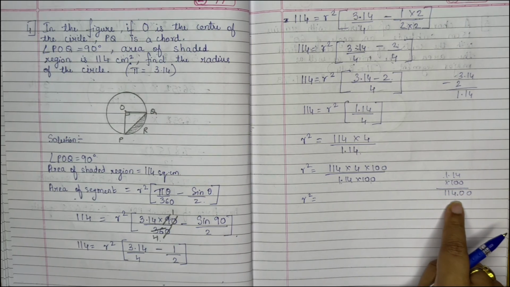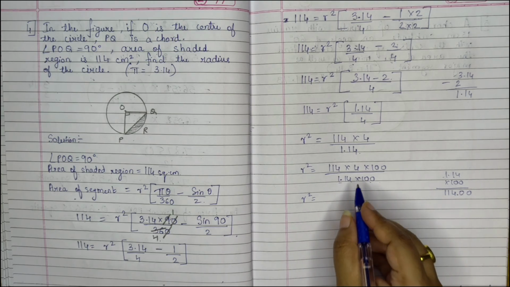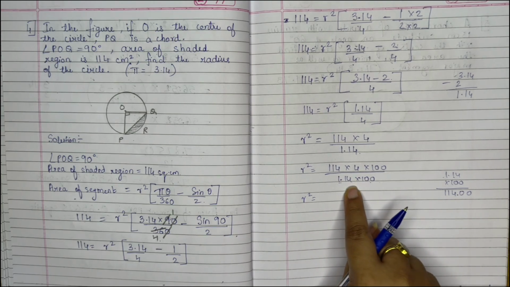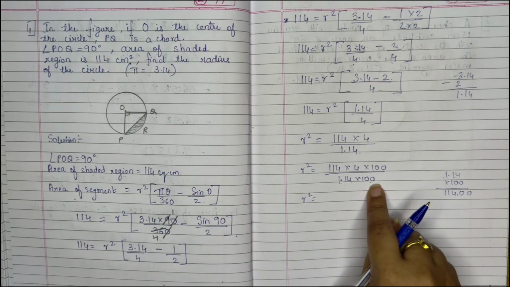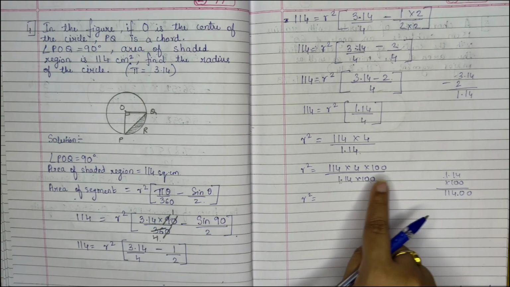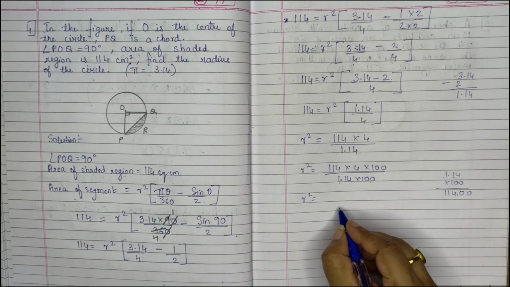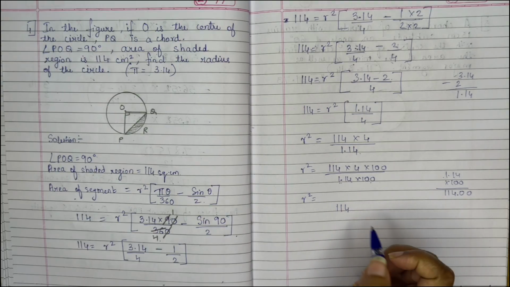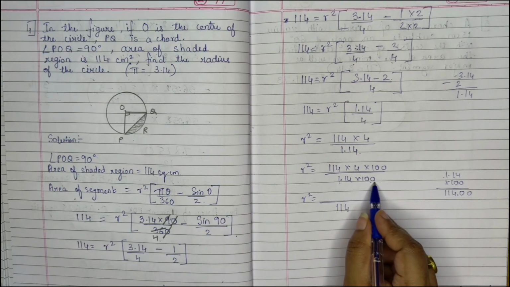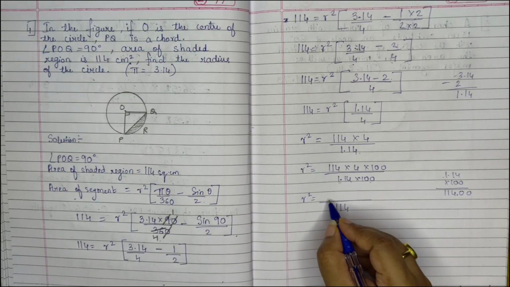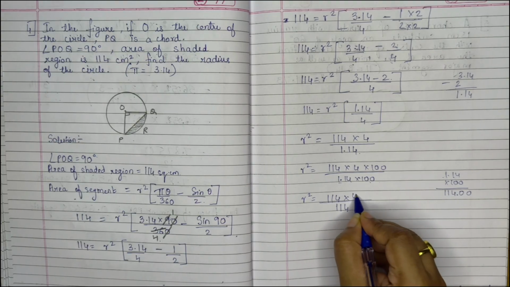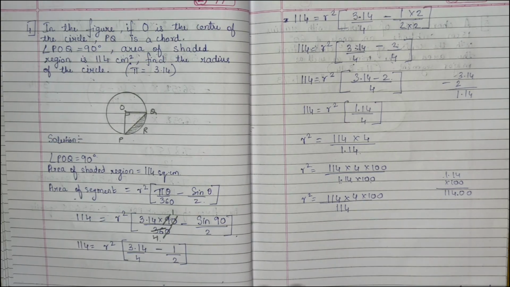So you only get 114. That means the point is gone. Understood how to remove the point? Multiply 100 on both the sides. On top it is as it is, 114 multiplied by 4 multiplied by 100.